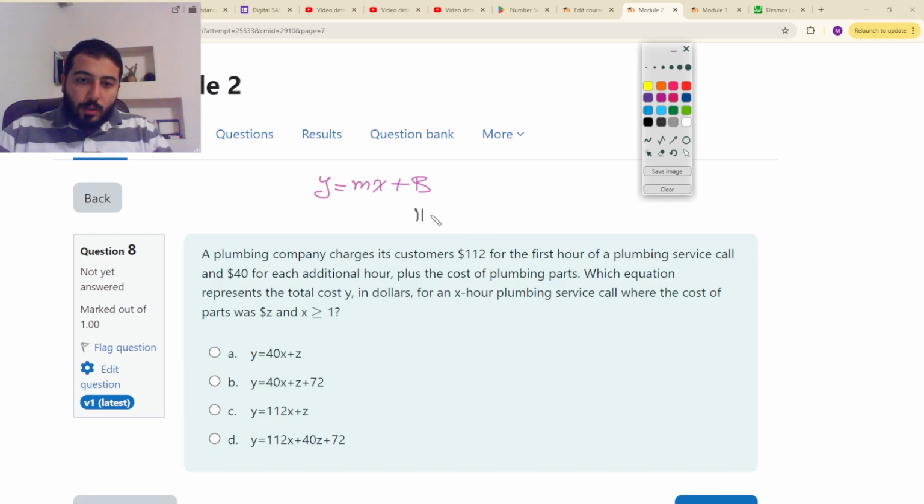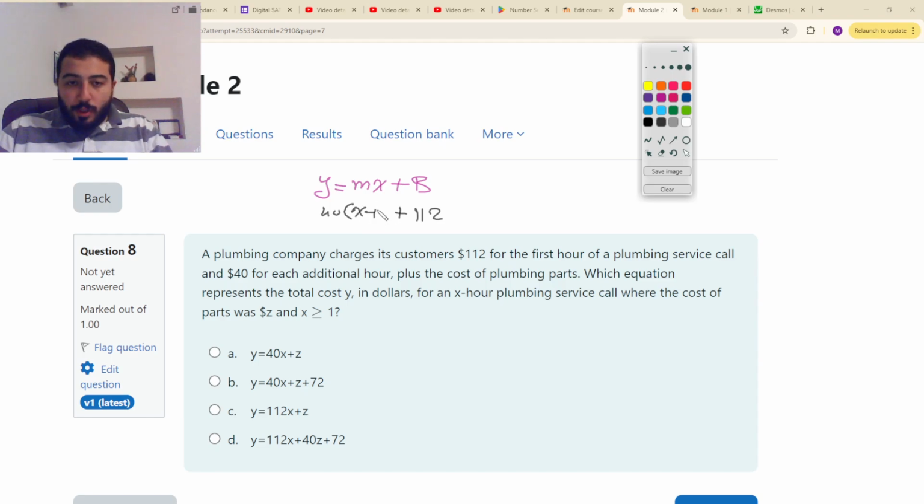So if we say 112, here we should say the slope is 40, but it is not multiplied by x, it is multiplied by x minus 1. So we make sure we are paying 40 for each additional hour, not for the first hour.